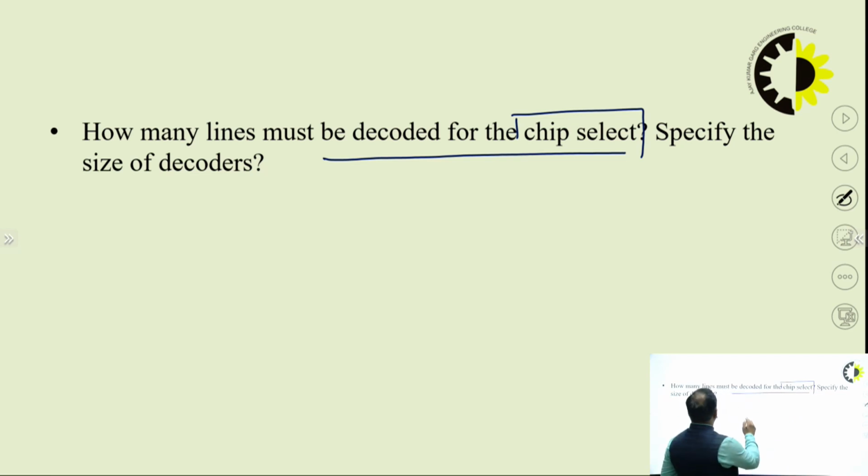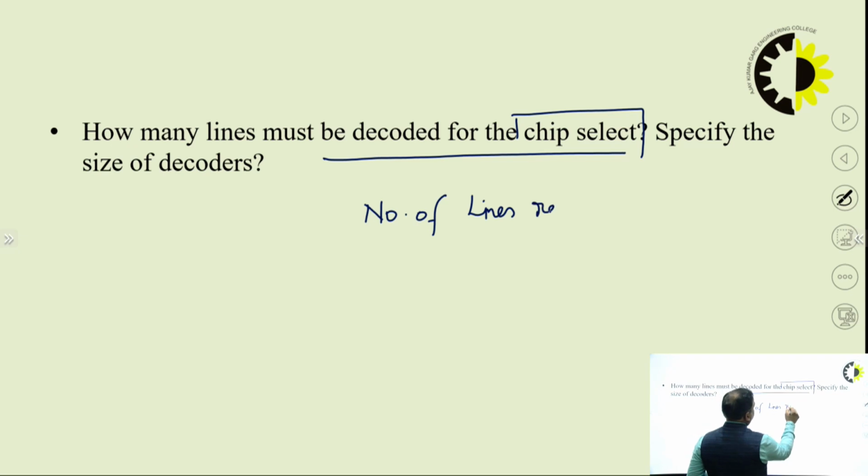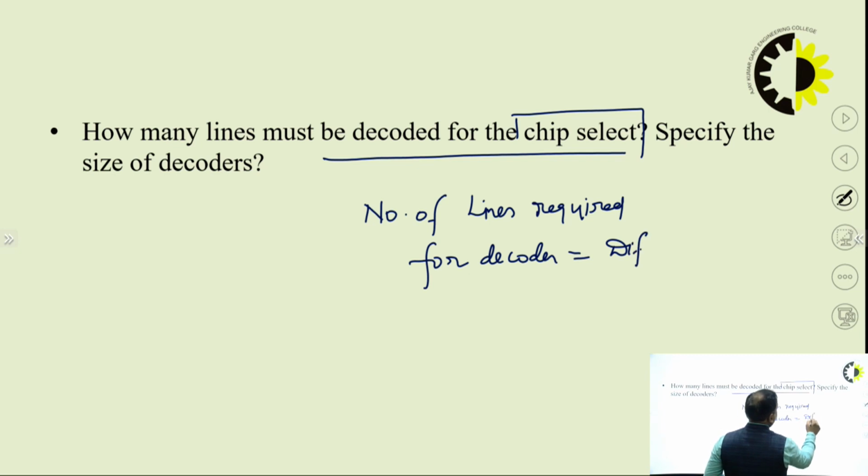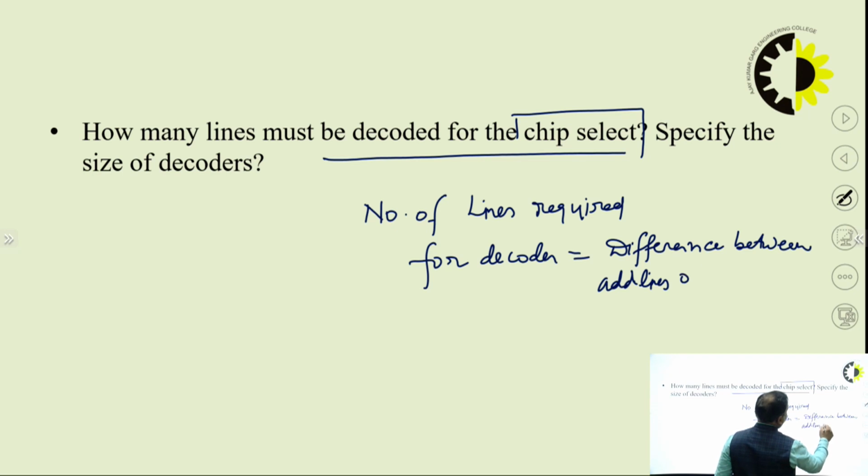So, the number of lines required for the decoder is equal to the difference between address lines of required and available memory size.